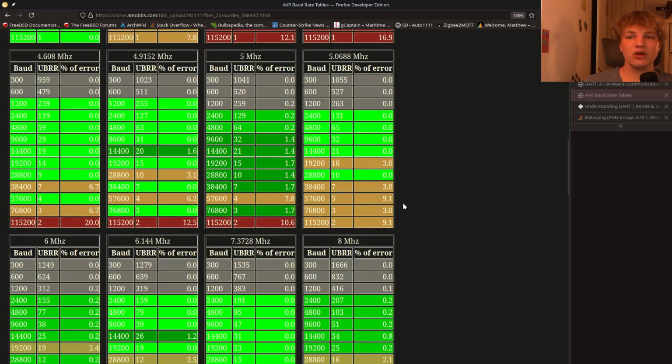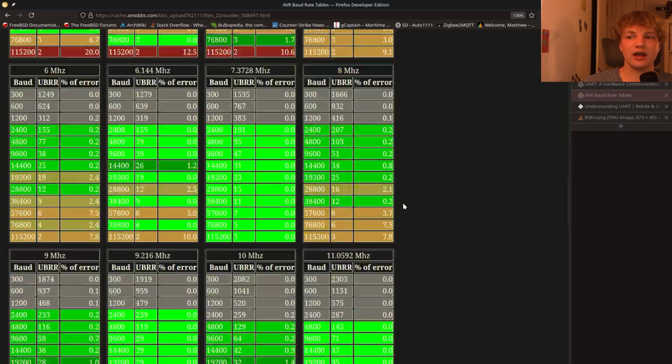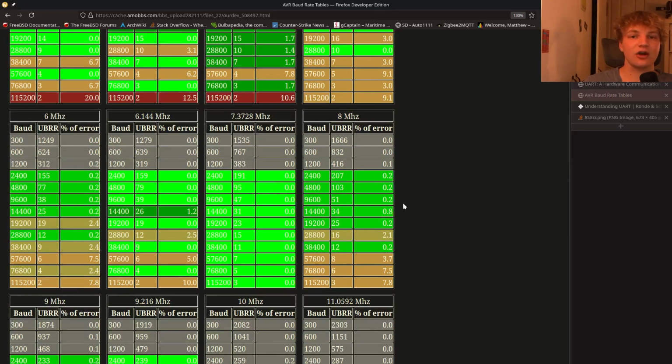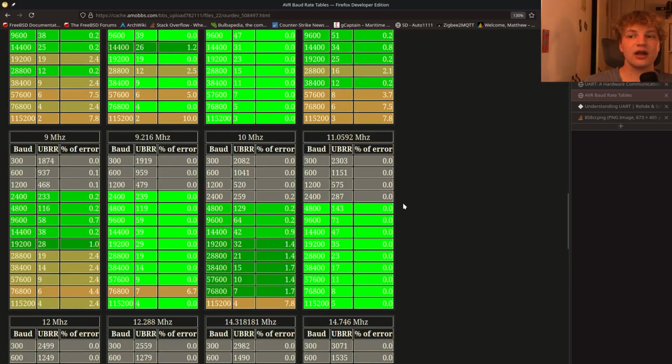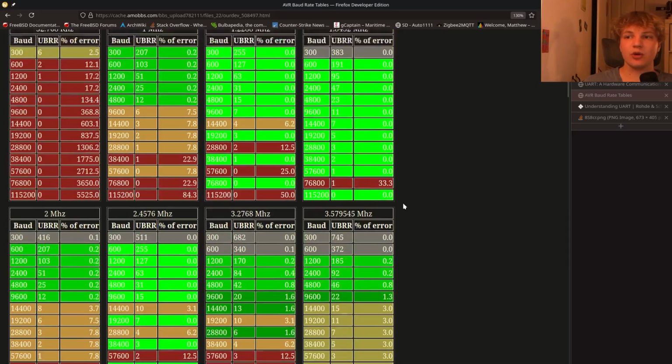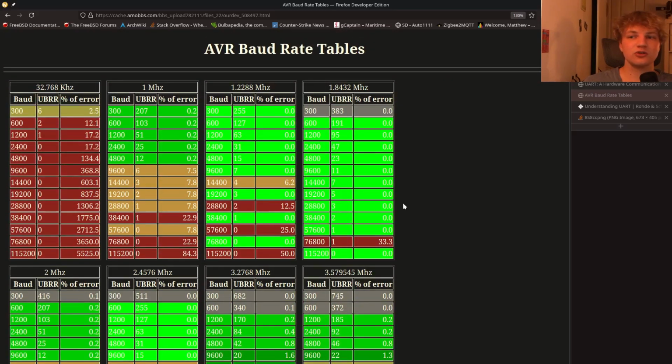So determine what speed you're running your MCU at and then choose a baud rate appropriate for that. Or you could choose a baud rate and then find an oscillator that runs at the frequency that gives you a low error rate. Now this is just for an AVR. I'm not sure if it's the same for other MCUs, so just double check for whatever you're using, because in embedded systems, one thing is for certain, and that's that nothing is for certain. So your mileage may vary on this one.